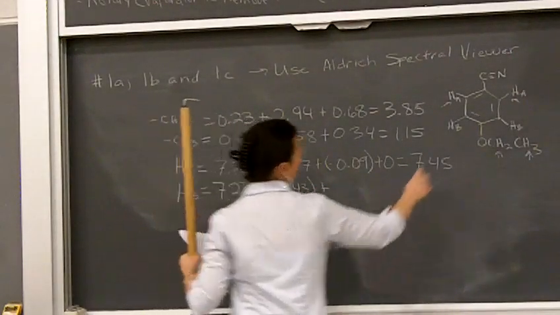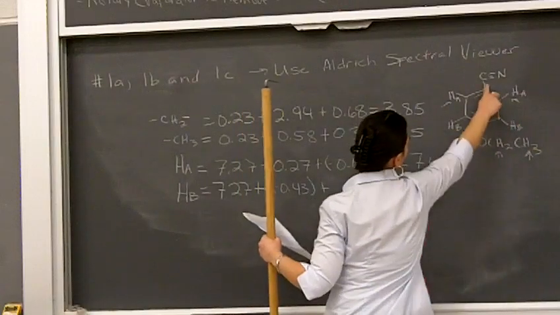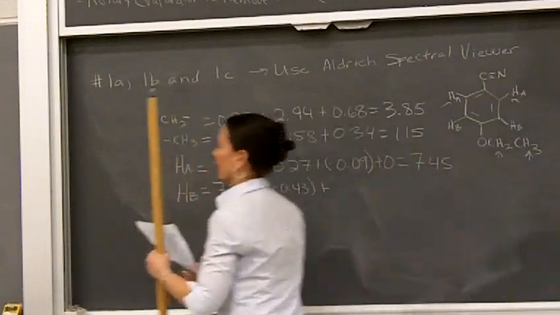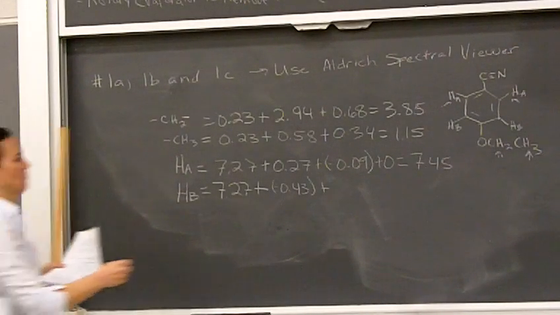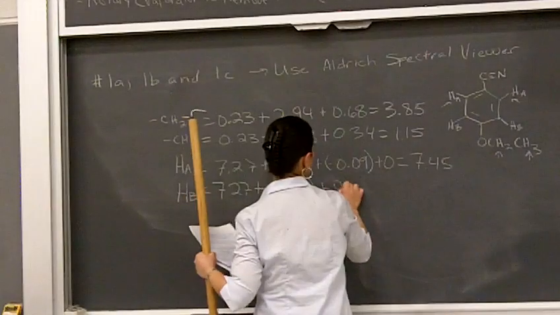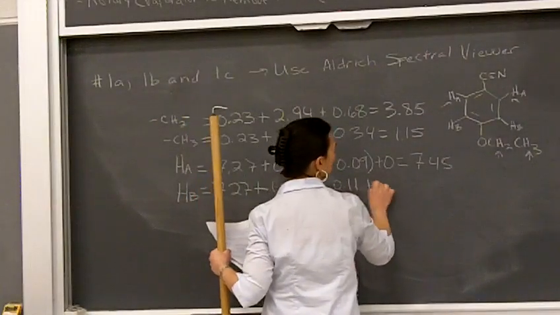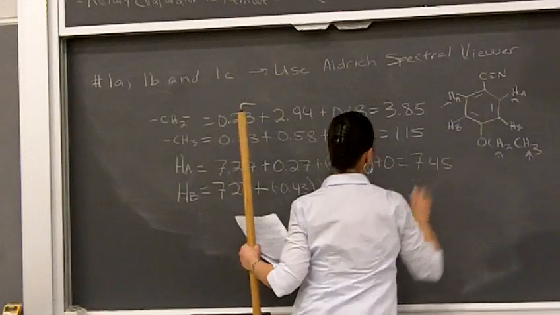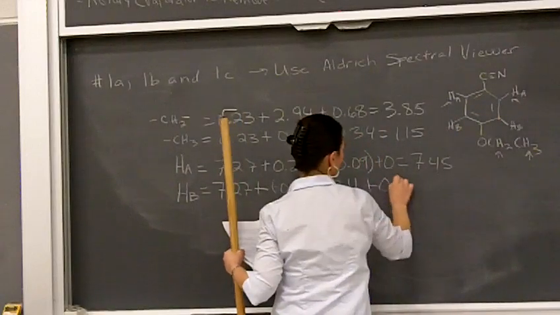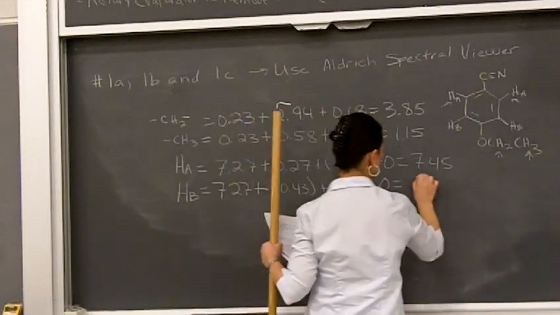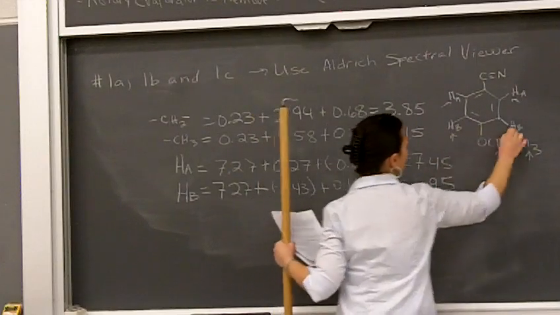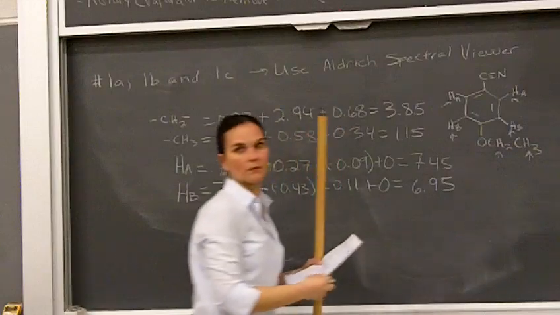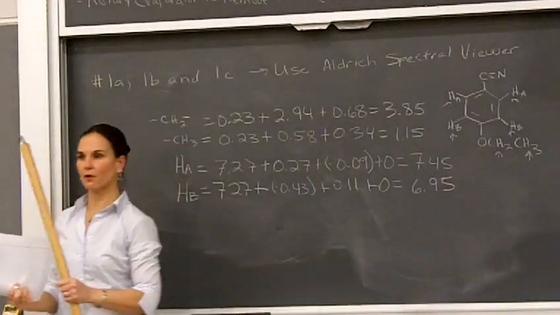And then with the HBs, meta is the nitrile. So we add 0.11. And again, then para is an HA, so that contributes 0. So we've got 6.95 as a calculated shift for these guys. All right? Everyone good with those?